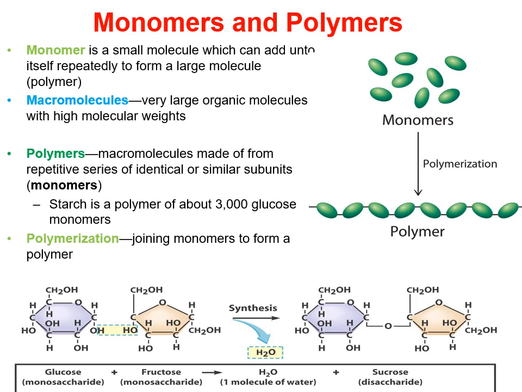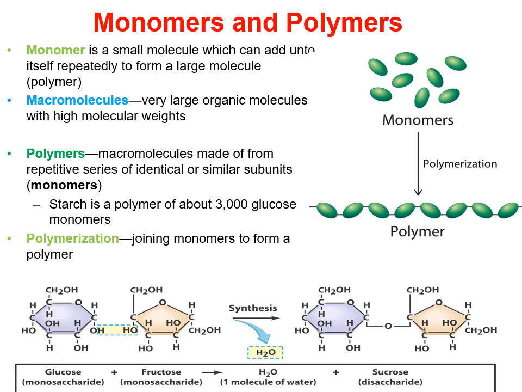Now we have monomers and polymers. Monomers are small molecules which add up to form larger polymers, which we call macromolecules. So macromolecules are very large organic molecules with really high molecular weight. And polymers are macromolecules made up of repetitive series of identical or similar subunits.